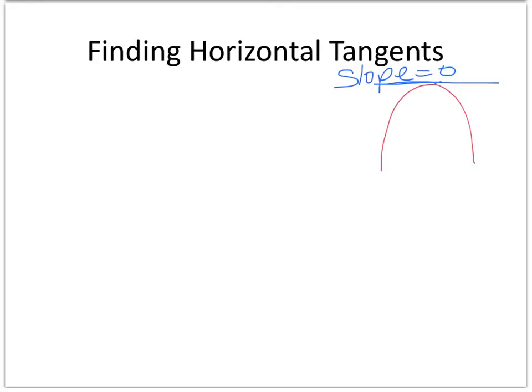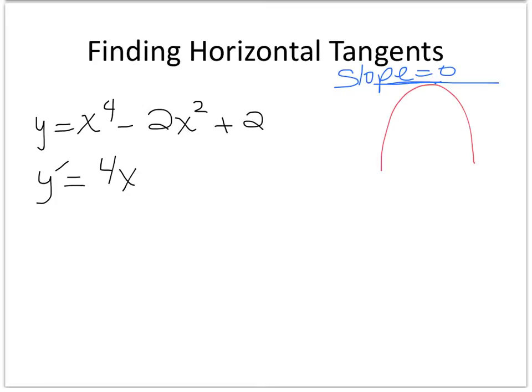So if I have something like y equals x to the 4th minus 2x squared plus 2, what's the derivative? 4x cubed minus 4x. Okay, so again, just bringing the 4 down, subtracting 1, bringing the 2 down, subtracting 1. And now I set this equal to 0, and I solve this for x.